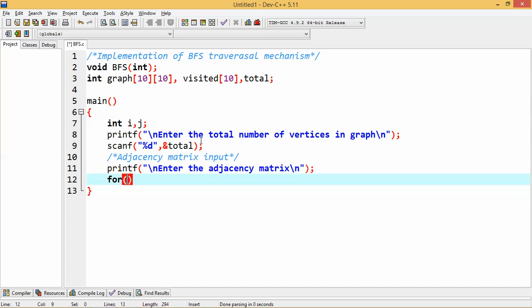Okay. But the matrix will be a two-dimensional array, because, as in the adjacency matrix example we have solved, from every vertex to another vertex you have to check. So it will be a two-dimensional array, and the row number will be the total number of vertices. The column number is also the total number of vertices. Clear?